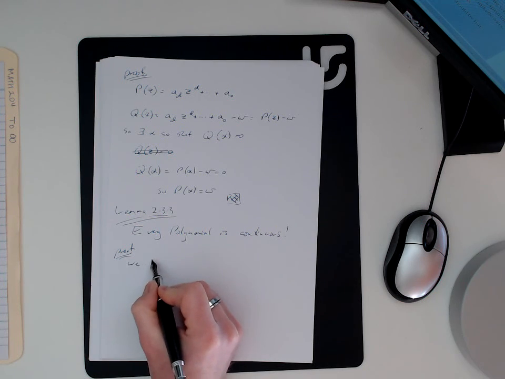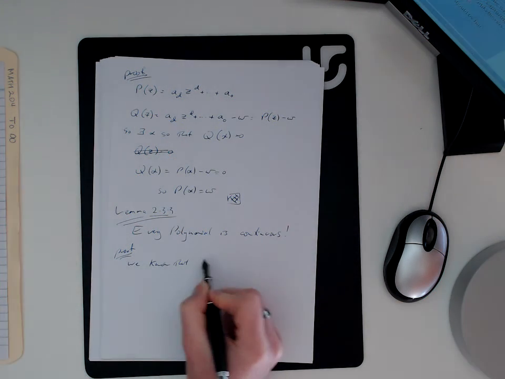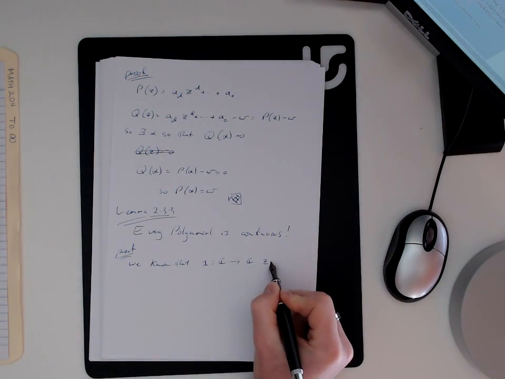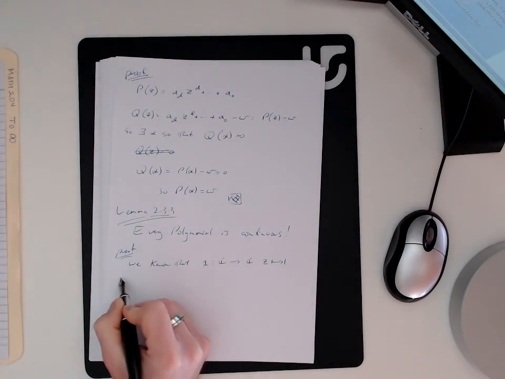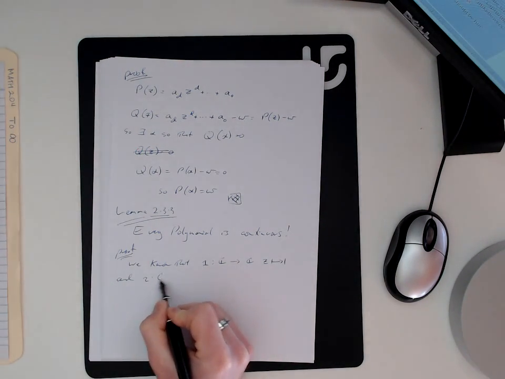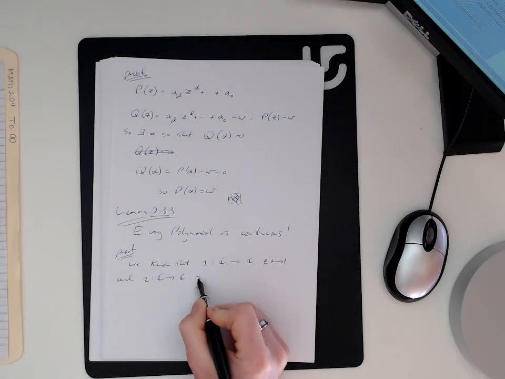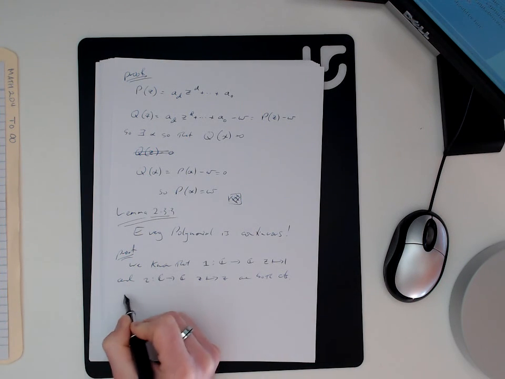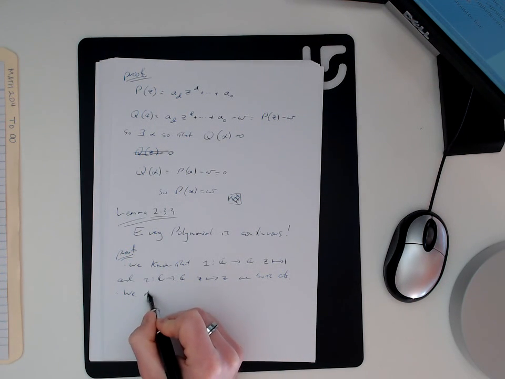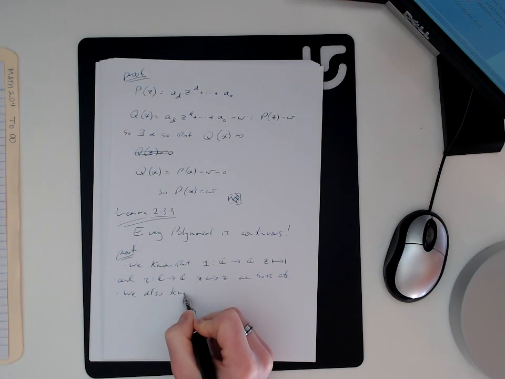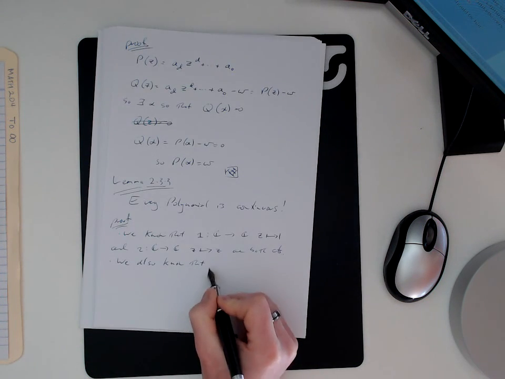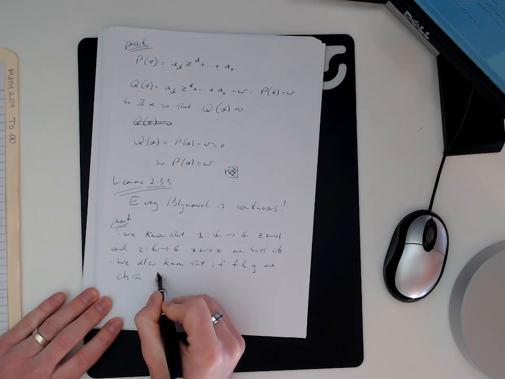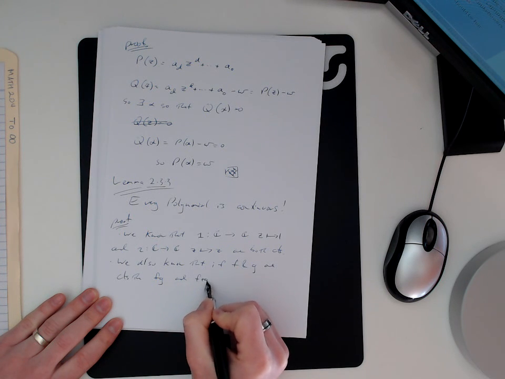We know that the function 1 that goes from the complex numbers to the complex numbers, that takes z to the number 1, and the function which I've been calling iota, z to z, which takes z to z, are both continuous. We also know that if f and g are continuous, then fg and f plus g are continuous.